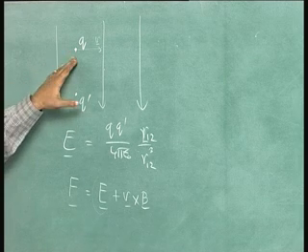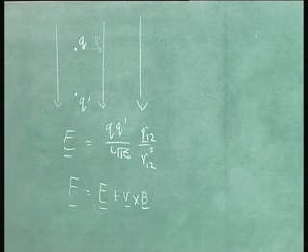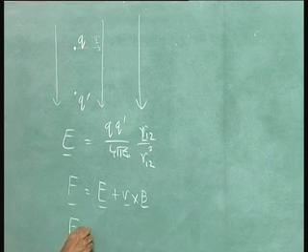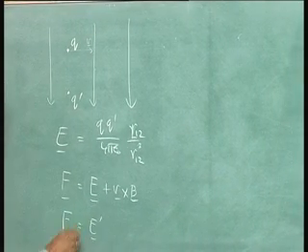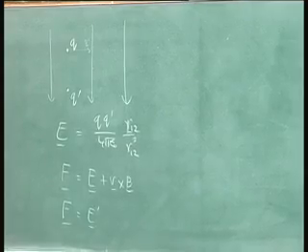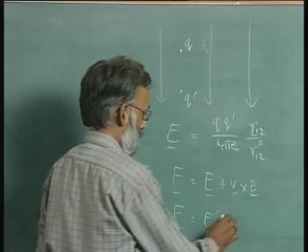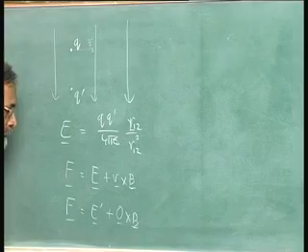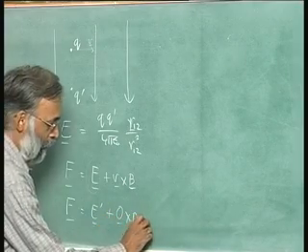But if I moved with this charge q, then the same force F is equal to some other electric field plus 0 cross B, because the velocity is 0, and therefore, it is equal to E prime.